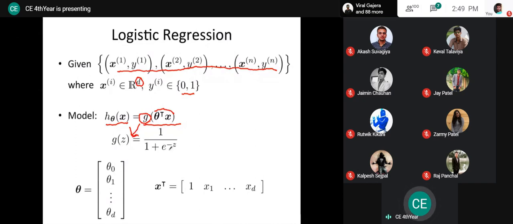If I replace this value, that will be 1 upon 1 plus e raised to minus theta transpose x. The dimension of theta is theta 1 to theta d, and similarly x, one single sample, will be of size d plus 1. This additional one is for the bias, and the remaining terms are for the d features.